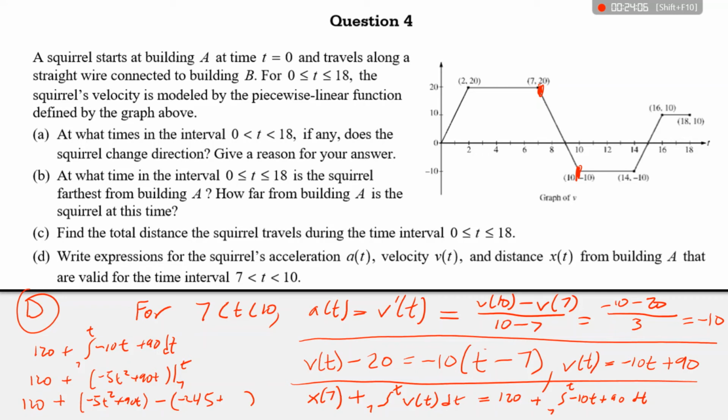Okay, I've got a different answer, so hold on. Okay, so I've got negative 5 times 49. So that would be half of 490, which is negative 245, plus 90 times 7, 630.